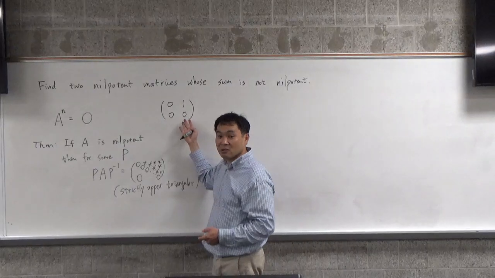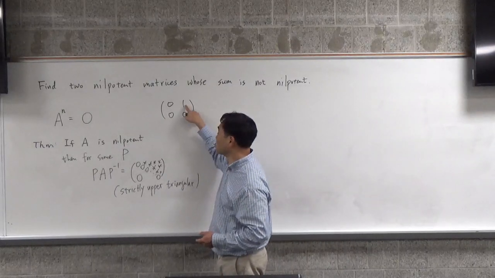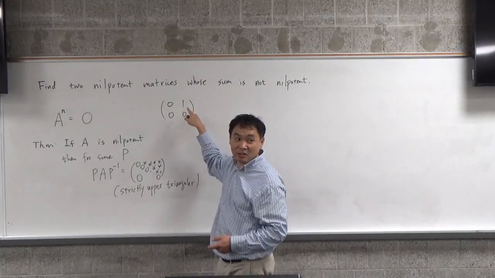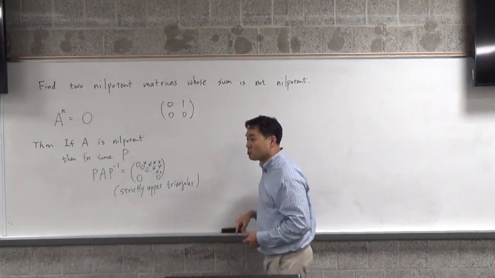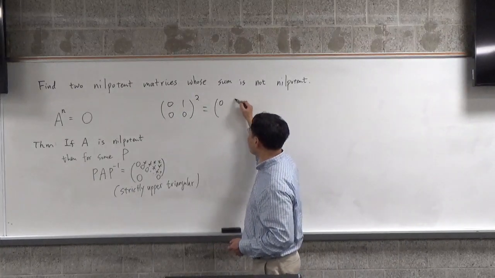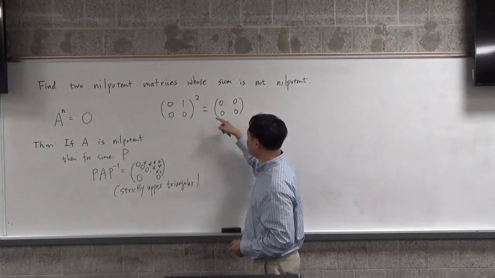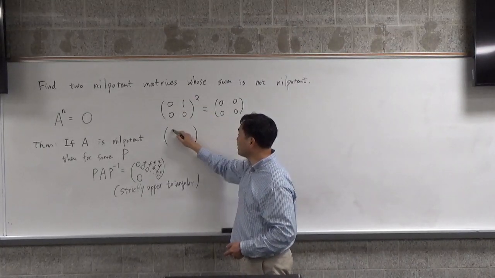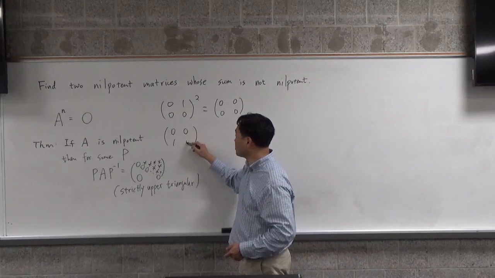That will be a strictly upper triangular one. You could very well put a 2 or 4, whatever number here, but 1's the simplest, right? And of course, if you square this, you get 0, 0, 0, 0, because the next level will be 0. Same thing can be said of 0, 0, 1, 0.